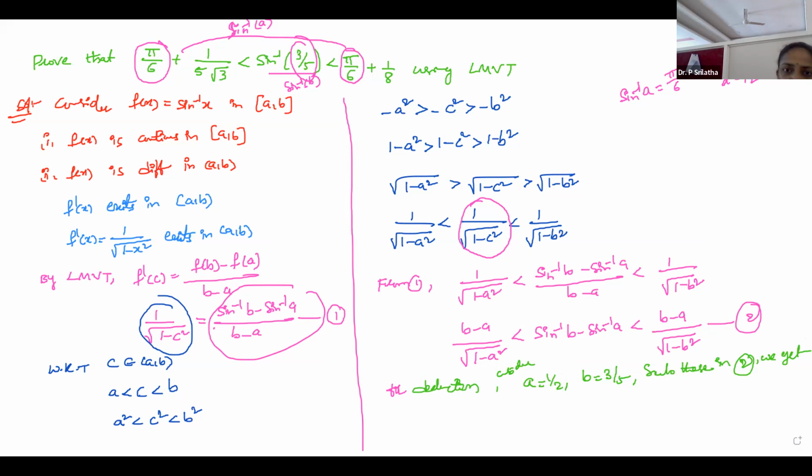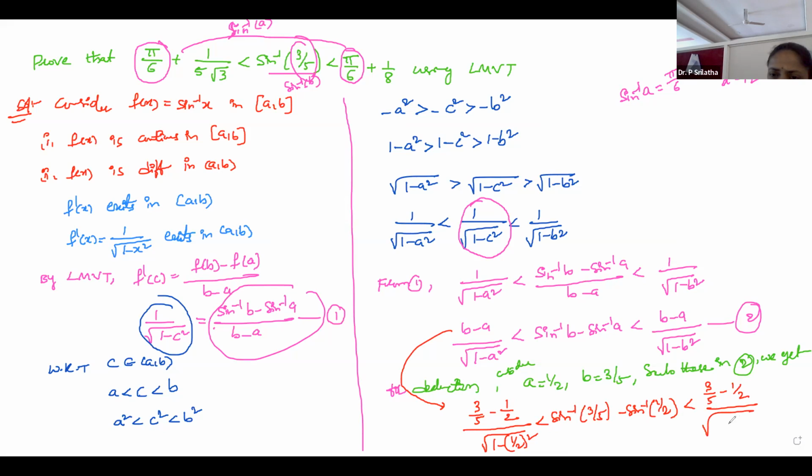We get 3 by 5 minus 1 by 2 divided by under root of 1 minus a square, that is 1 by 2 whole square, is less than sine inverse 3 by 5 minus sine inverse 1 by 2 is less than b minus a, that is 3 by 5 minus 1 by 2 divided by under root of 1 minus b square, that is 3 by 5 whole square. Okay, so all of you simplify.